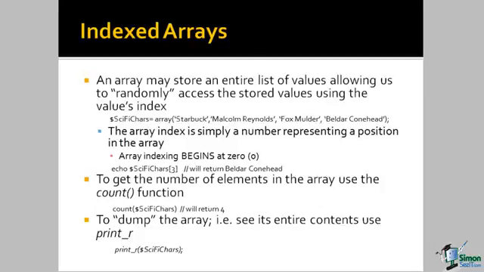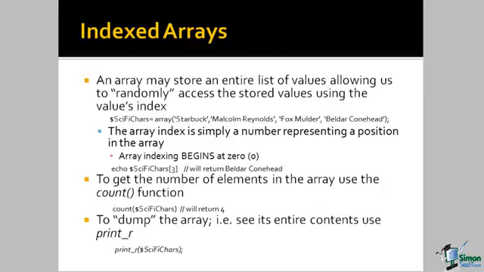And so in the example here, I have an array of sci-fi characters. Notice the keyword array. So that says assign to this sci-fi characters variable an array that's storing 4 strings. An array begins its indexing at 0.